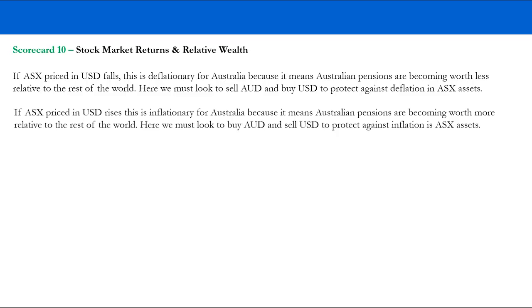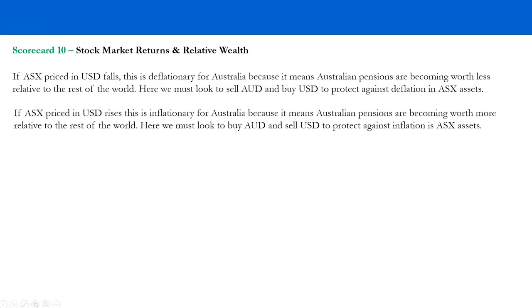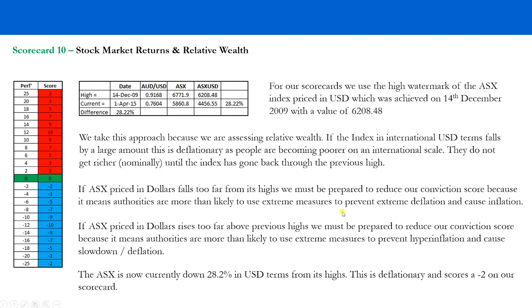So it's a very important driver overall to our analysis. So how do we actually go about scorecarding for this driver? Well, it's pretty straightforward, but we just have to explain it in a bit of detail so there's proper understanding.